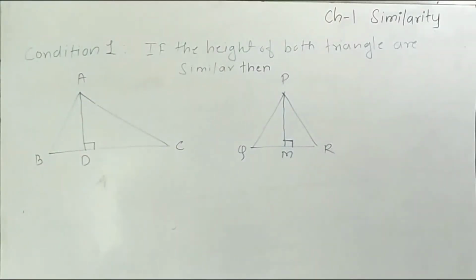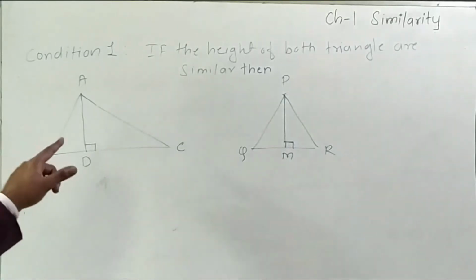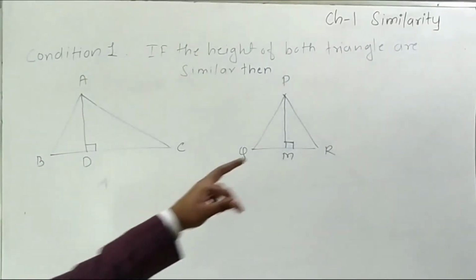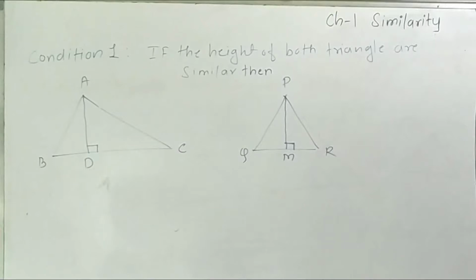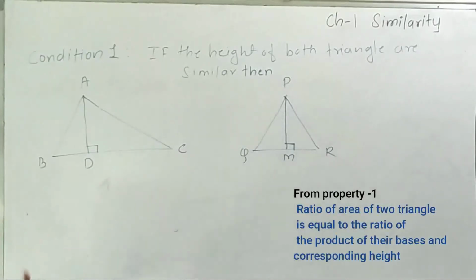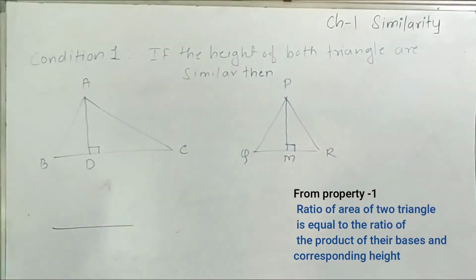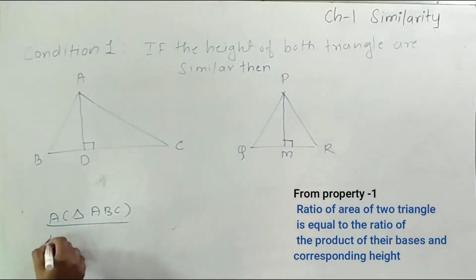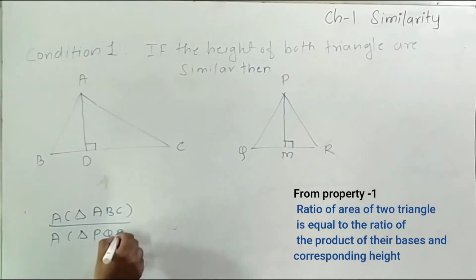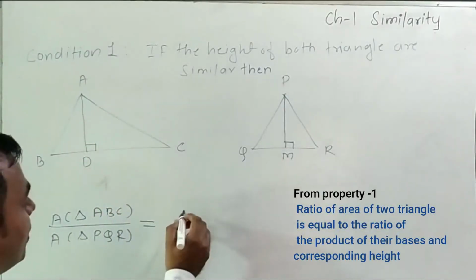Condition 1: if the heights of both triangles are the same, then we have to find the ratio of the areas of the two triangles. Here we have triangle ABC and triangle PQR. These two triangles have the same height, and now we have to find the ratio of these two triangles. So ratio means this line: area of triangle ABC upon area of triangle PQR is equal to what?